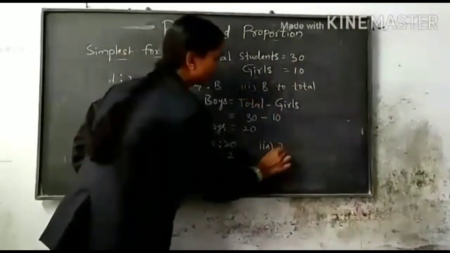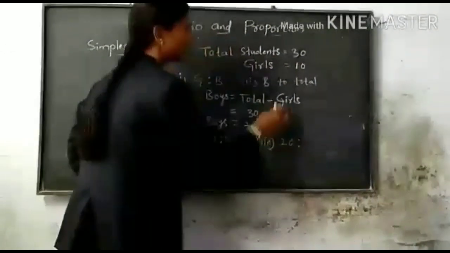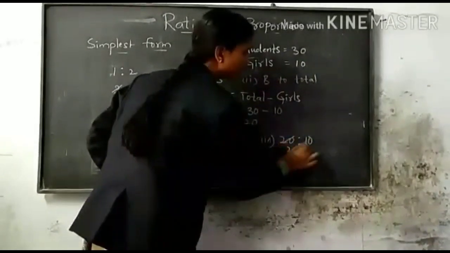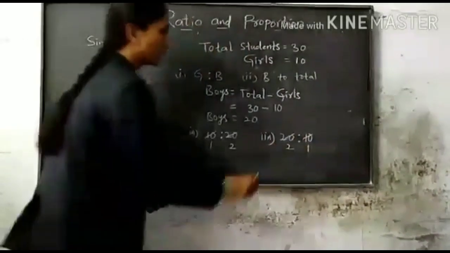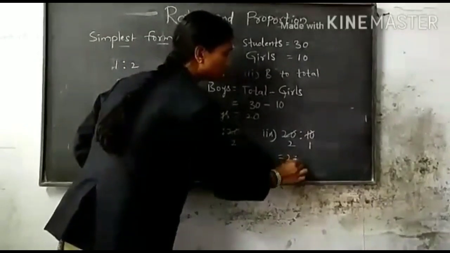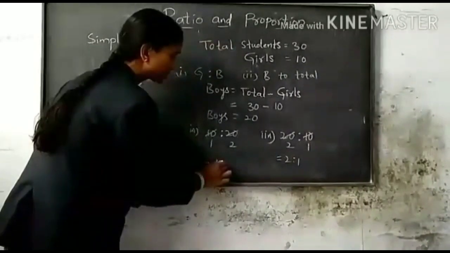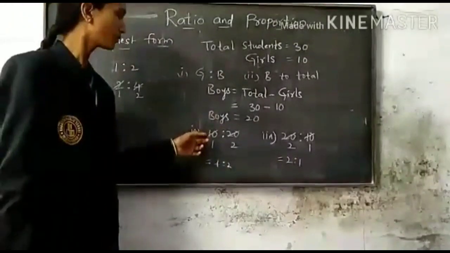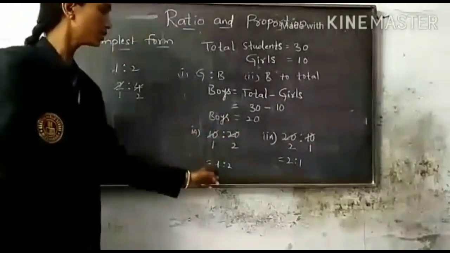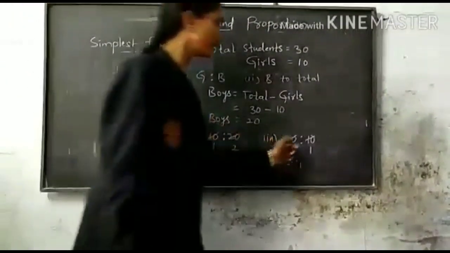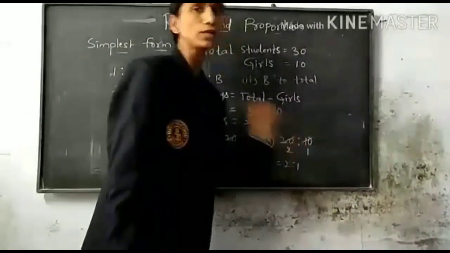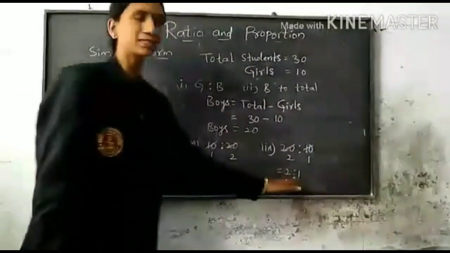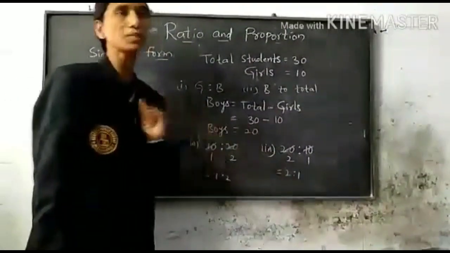Number of boys is 20 and number of girls is 10. So the answer is 2 is to 1. Here the answer is 1 is to 2. The simplest form of 10 is to 20 is 1 is to 2, and 20 is to 10 is 2 is to 1. We cannot cancel it, so we say that these two are in simplest form.